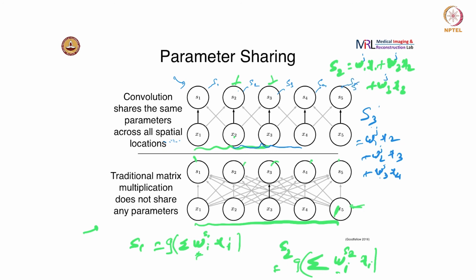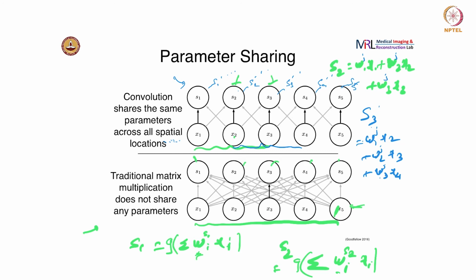We can have as many sets of activations or output units as we want by choosing different sets of weights. One thing you have to do in a convolutional neural network is determine how many such sets of weights or filter kernels you want to define. That's a hyperparameter for a convolutional neural network. Notwithstanding parameter sharing, I can have multiple such sets of weights.